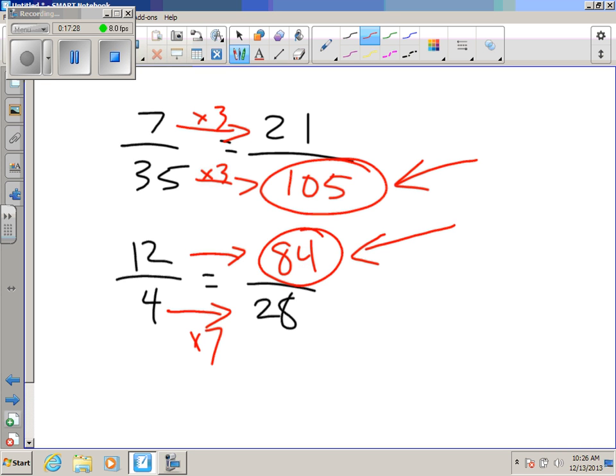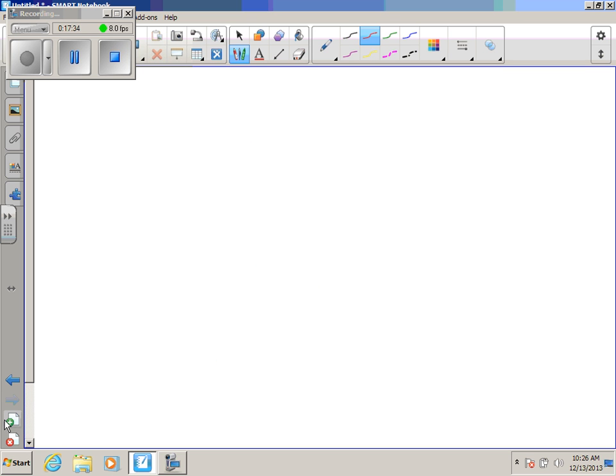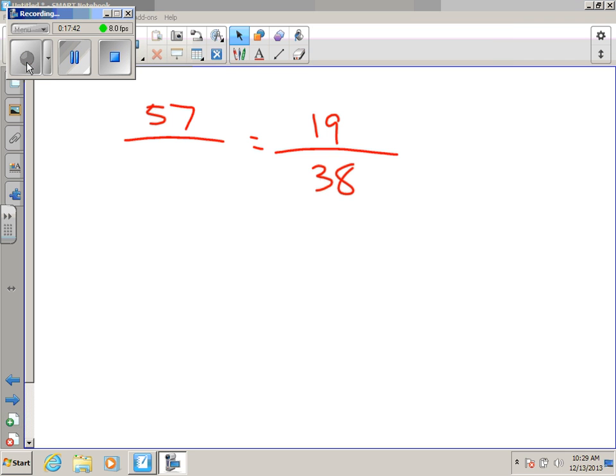Try number 11. 57 over something equals 19 over 38. What method did we use? How many of you used step 1? What did you find with step 1?